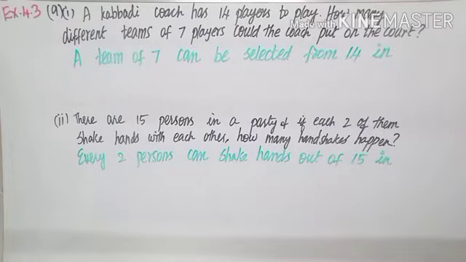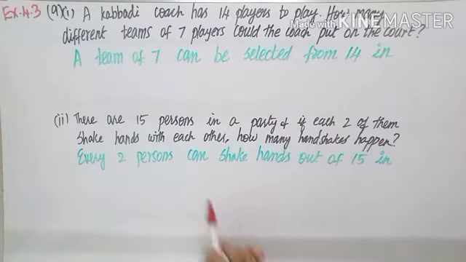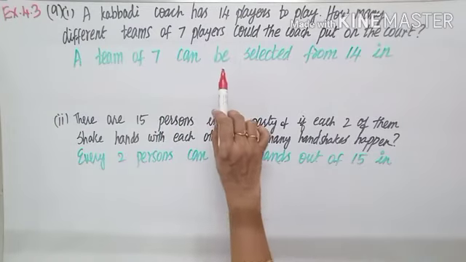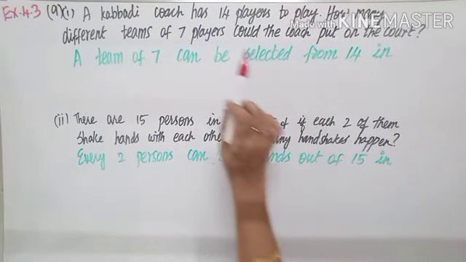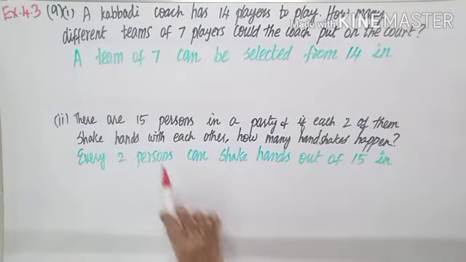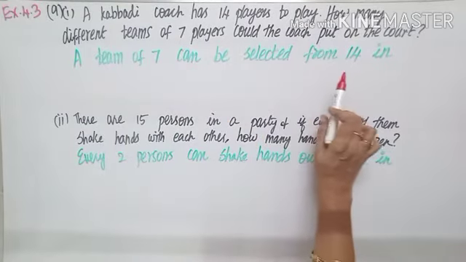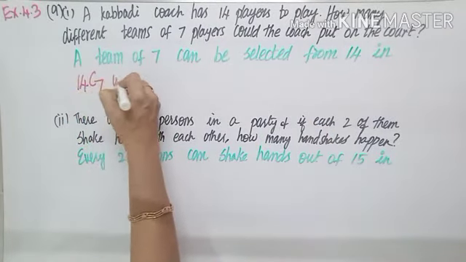Question number 9, subsection 1. A kabaddi coach has 14 players to play. How many different teams of 7 players could the coach put on the court? There are 14. He is selecting a team of 7. A team of 7 can be selected from 14 in 14C7 ways.